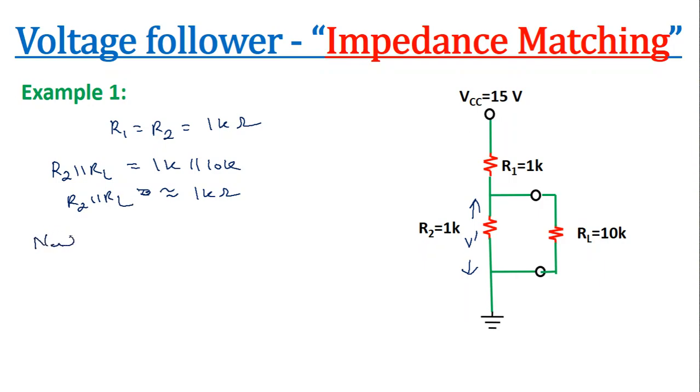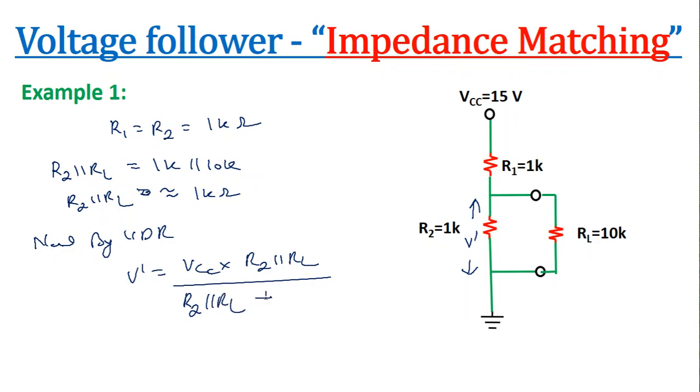Now by the voltage divider rule, V dash will be equal to VCC into R2 parallel RL divided by R2 parallel RL plus R1.